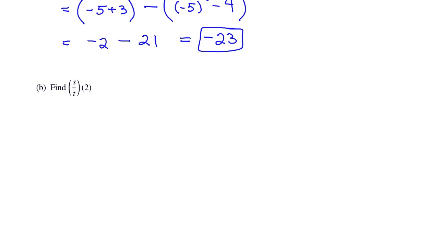Part B, find s over t of 2. So this would be s of 2 over t of 2. And you would simply evaluate 2 in the s function, 2 in the t function, and then divide. Let's see if this is going to work.